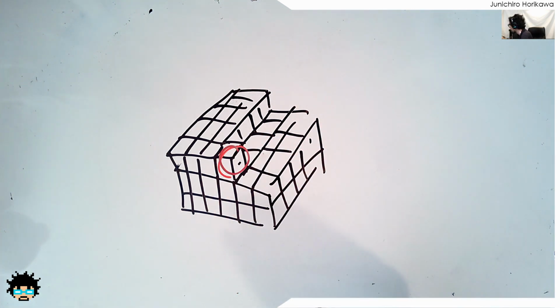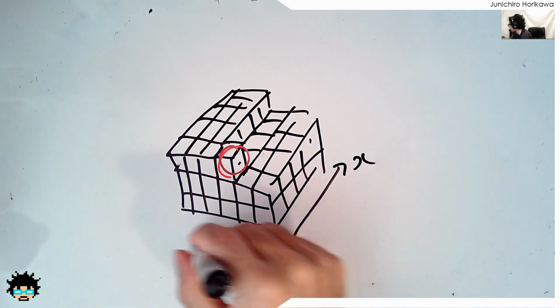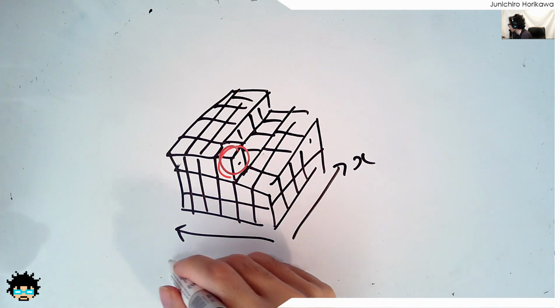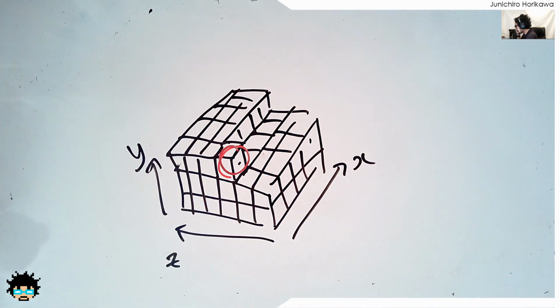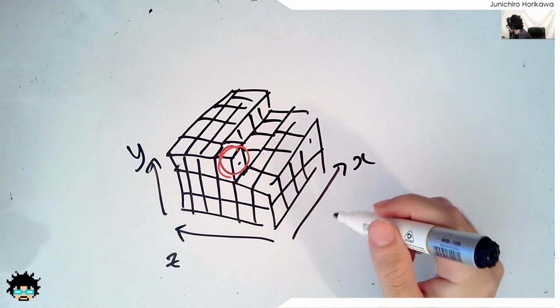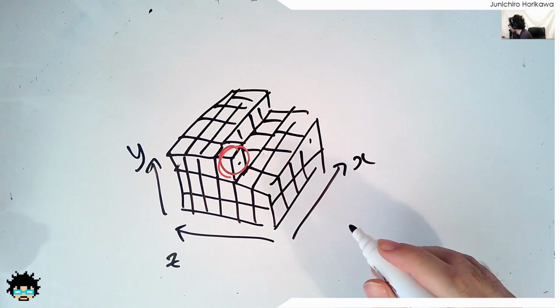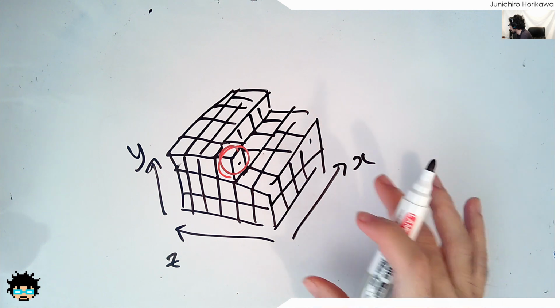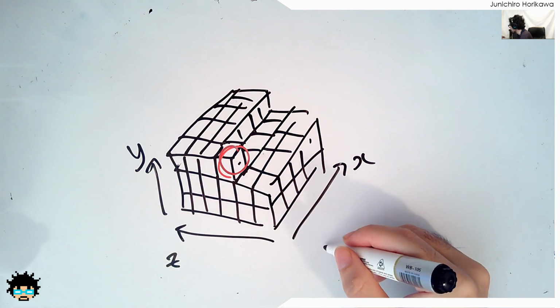Let's say this is the x direction, this is the z direction, and this is the y direction. In this case, we can determine this index by first multiplying the total x by z.